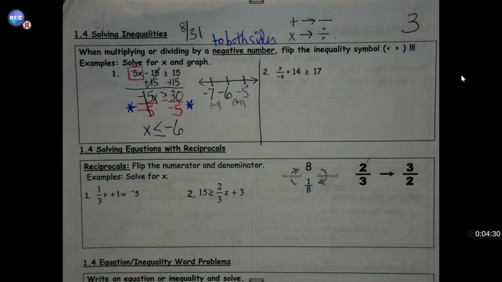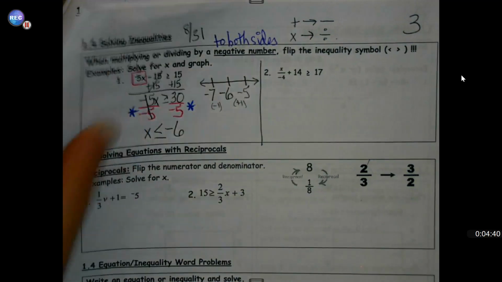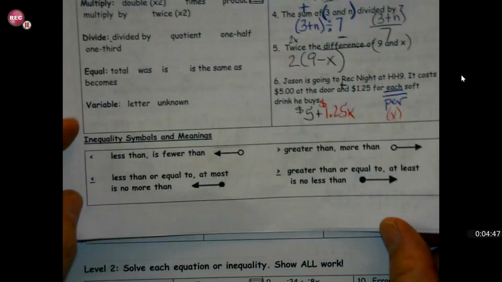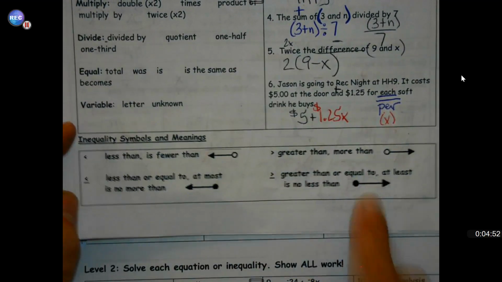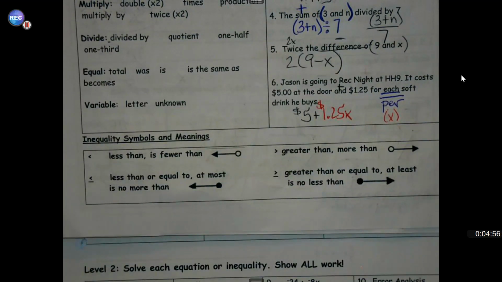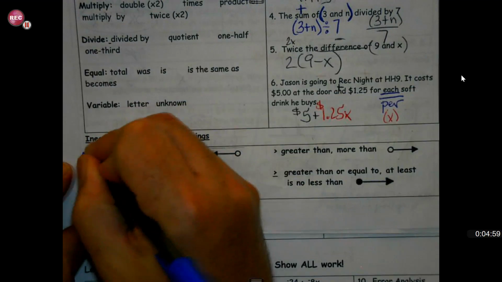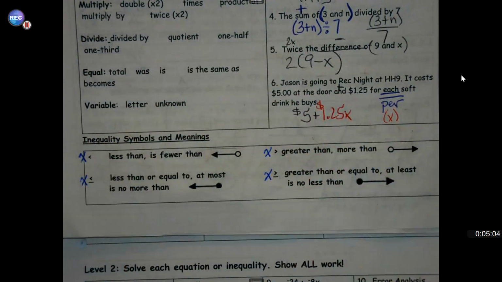And so once I have that, how does the graphing part work? If you need an additional refresher, I'm going to give you one here in a minute, but there's also one actually in your packet already. You're like, really? Back on the front page, the inequality symbols and meanings are there. The one thing I would tell you to do on that front page is to put X's with all of them.